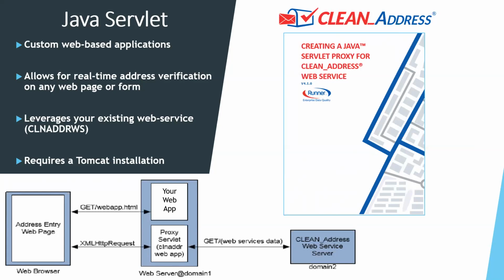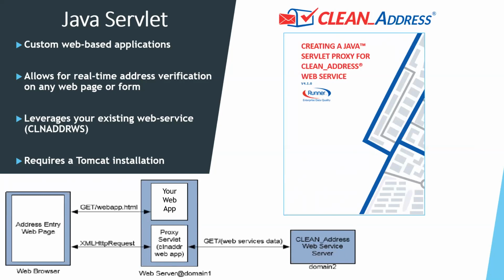What you can do is install our Java servlet, which is in the demo directory of your download. Install it in a Java-based container like Tomcat or Glassfish, and that will interface with the web service in the back, as is demonstrated in the bottom there.